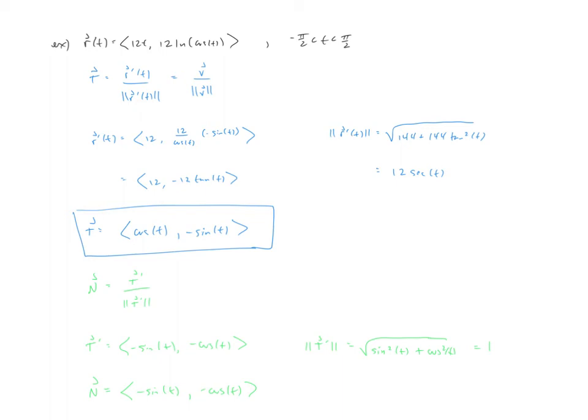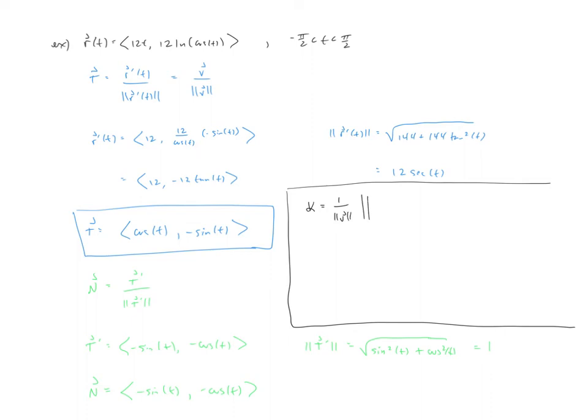Now for the curvature. And so I'm going to actually kind of hollow out a spot here on the screen so it's easy to see, because we're going to be using a lot of the same information here. So for that kappa, remember that's going to be 1 over the magnitude of v, and then times the magnitude of dT/dt. Okay? Now, we've already got all of this stuff on the screen.